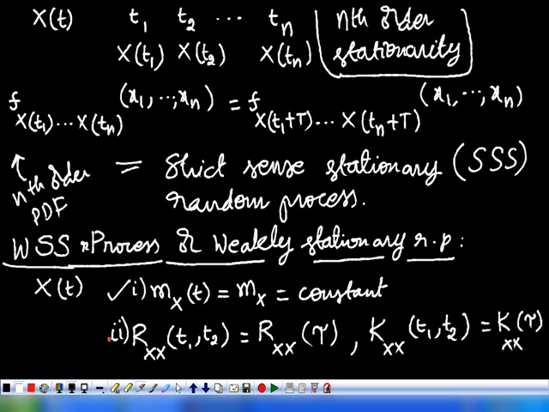If we let the time difference, or time lag, be tau, then the random process is said to be wide sense stationary if this condition is satisfied. The mean value must be constant and both autocorrelation and autocovariance functions are functions of time lag tau.